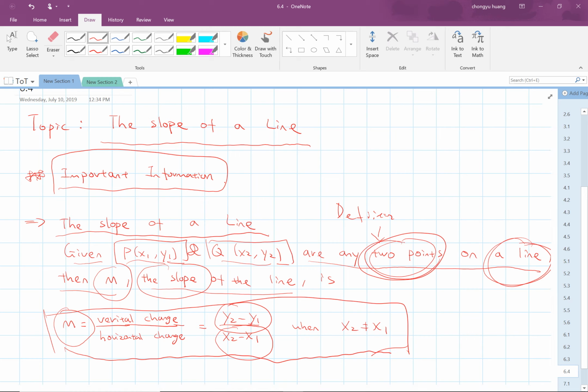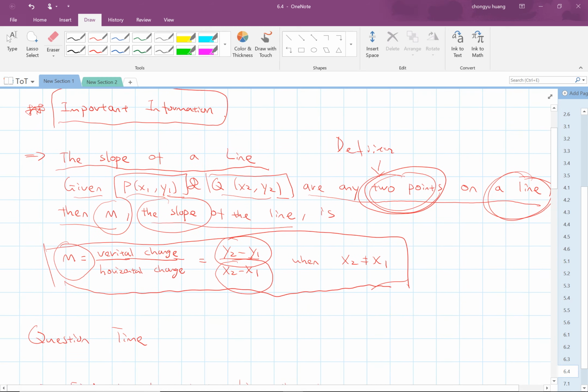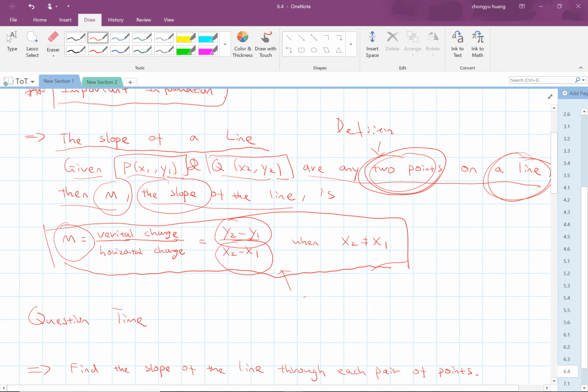In order to calculate the slope of a line, you use the vertical change, which is y2 minus y1, and the horizontal change, which is x2 minus x1.